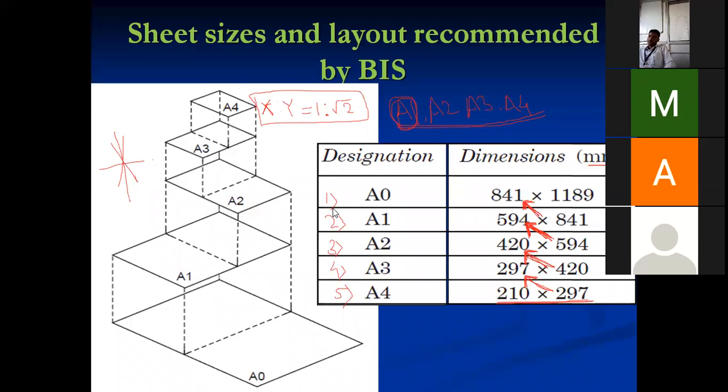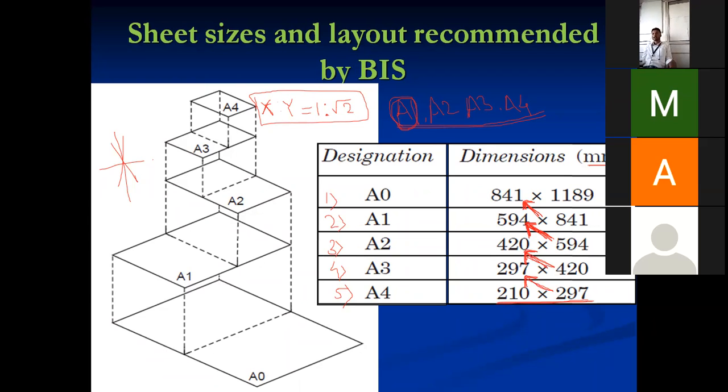Then while preparing the table, which sheet size do we always have to remember by hook or by crook? A4. Correct. What is the A4 sheet size? 210 by 297. Very good.